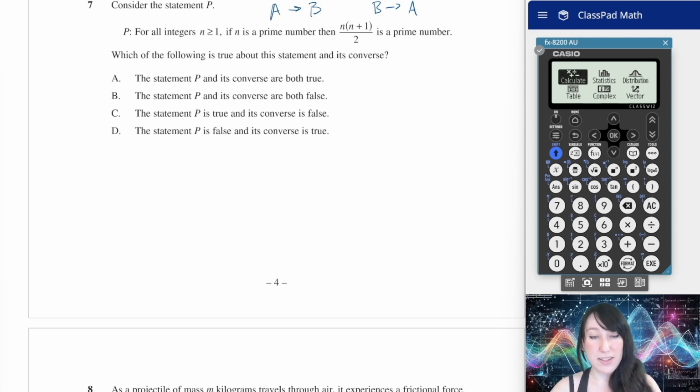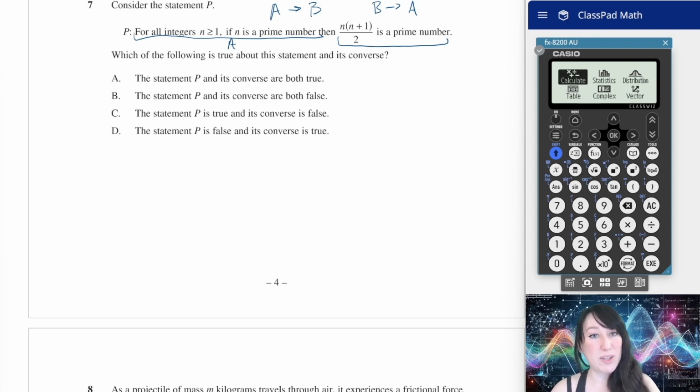So to test the converse statement, we will need to figure out what that is. Let's identify the A and the B parts of statement P. So the antecedent is: for all integers n greater than or equal to 1, if n is a prime number, and then the consequence is n times n plus 1 over 2 is a prime number.